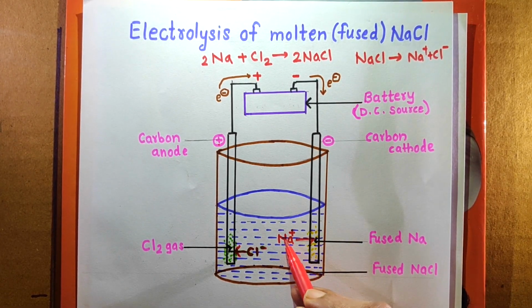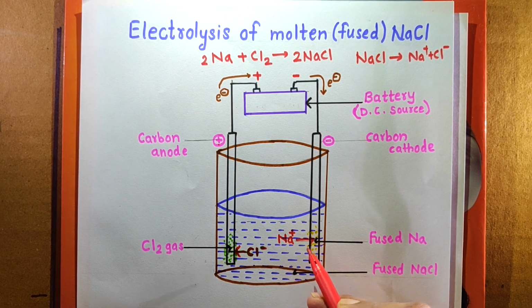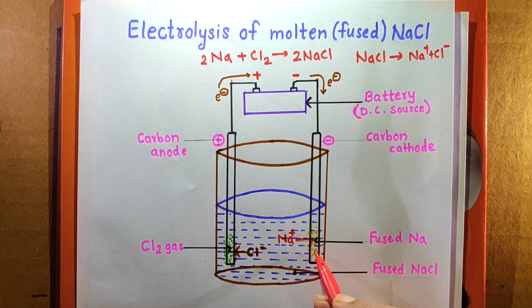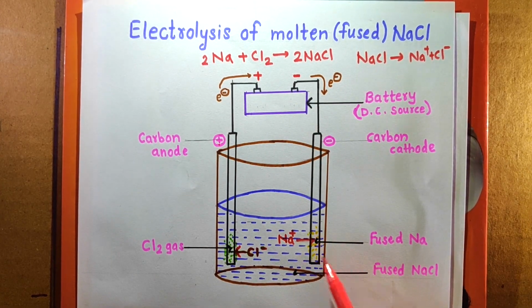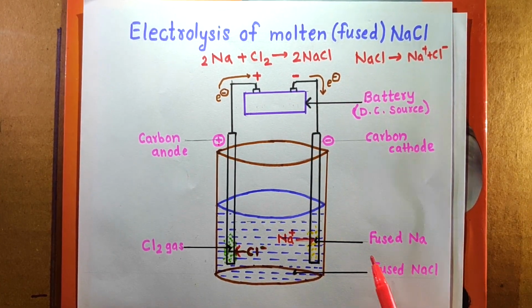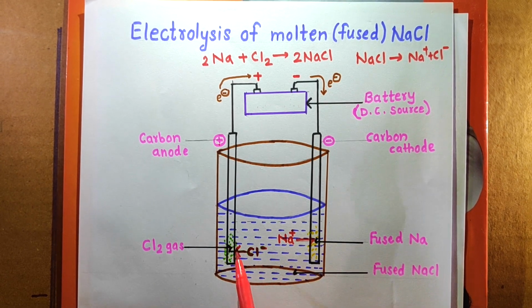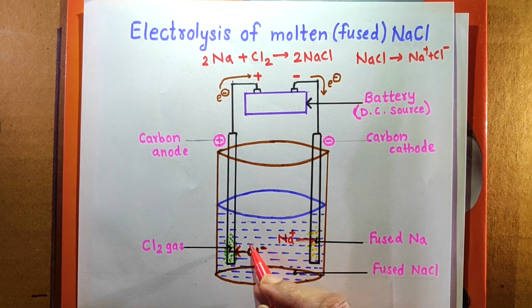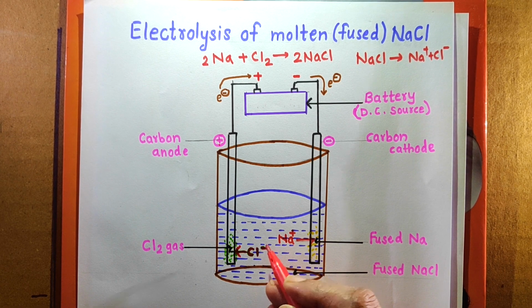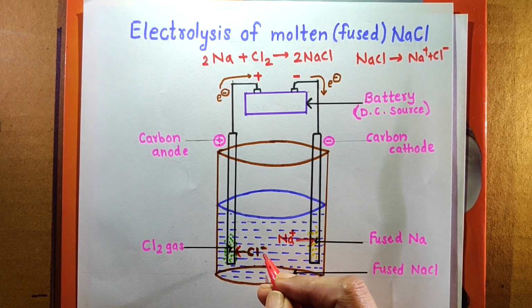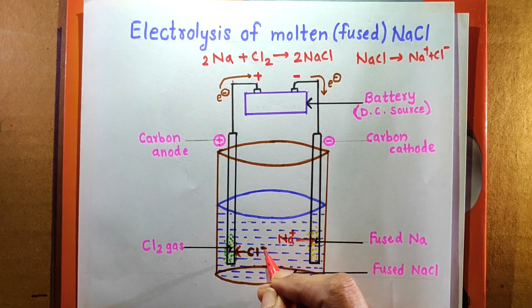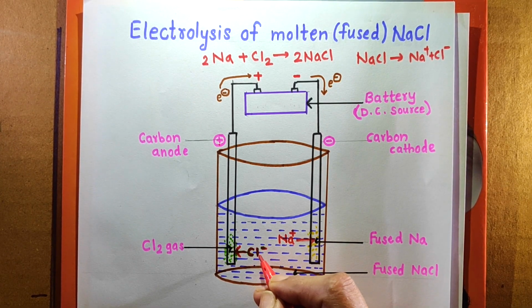Now by taking the electrons, Na+ ions are converted into Na, that is Na metal, and here we can obtain fused Na. Here at anode, Cl- ions are discharged. They will lose electrons. Cl- means they have one electron more. So these electrons are lost by these Cl atoms.